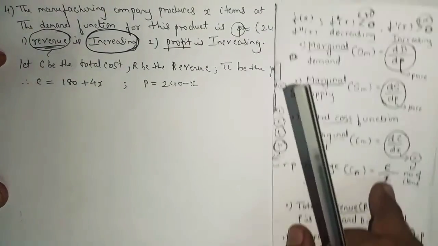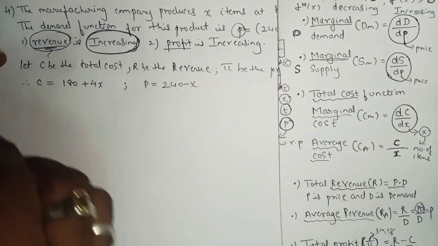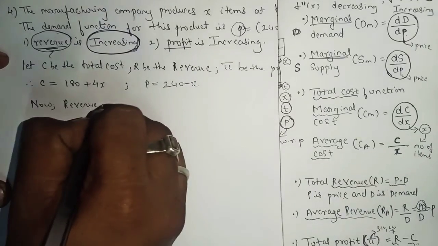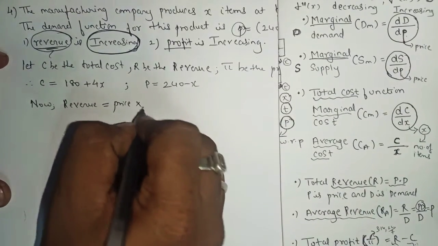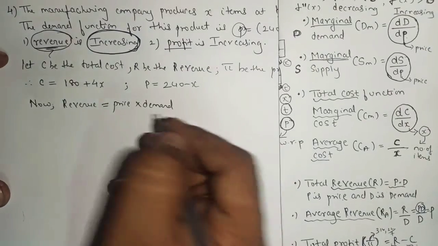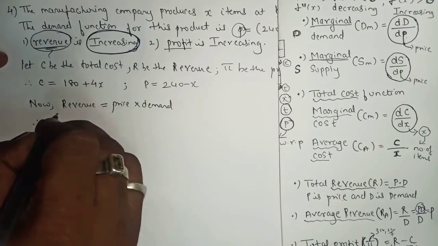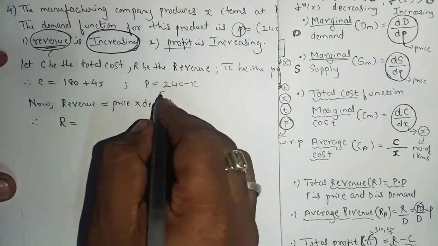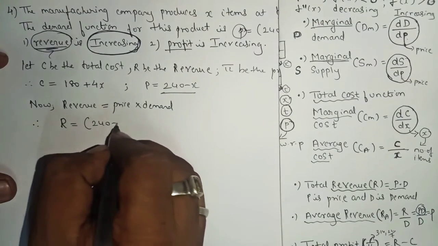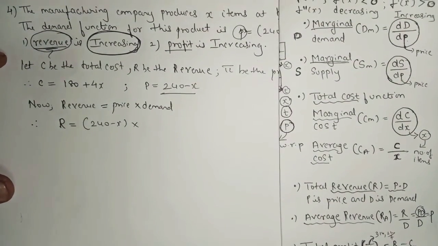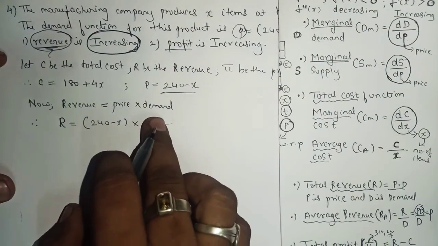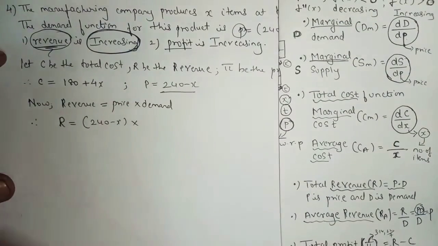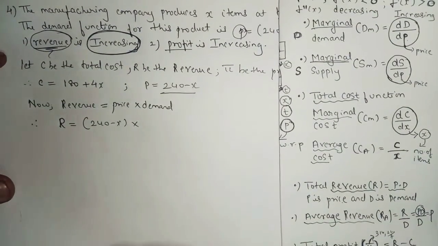But for the revenue we have one formula. What is the formula? Revenue is equal to price into demand. Yes or no? So for revenue the alphabet is R, and we have the price, 240 minus X, and demand is how many articles you are demanding, how many items you are producing.